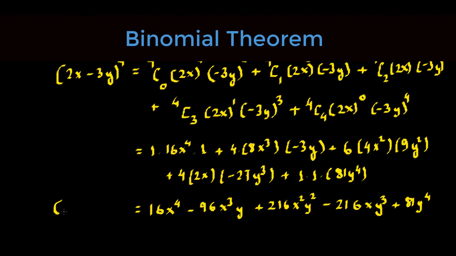So this is the binomial expansion of twice x minus 3y all raised to the power of 4. Very simple. I hope this is clear.